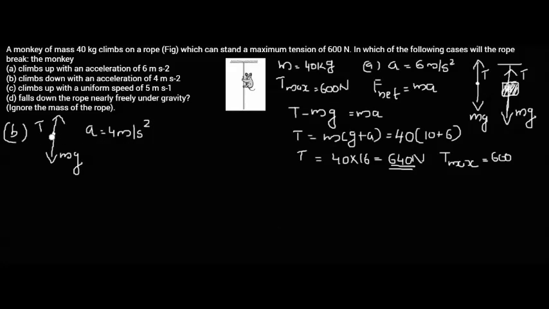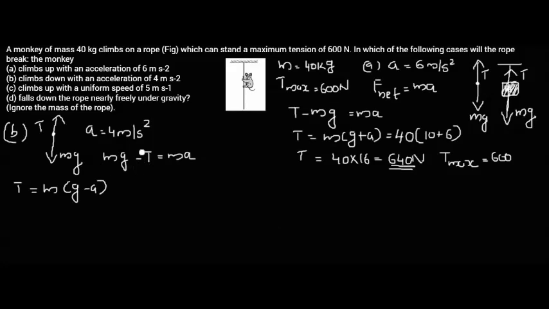Again we have to apply Newton's second law here. Now in this situation the monkey is climbing down, so I am writing mg first. mg minus T is equal to mass into acceleration, and I need to find out the tension T. So T is equal to m into (g minus a).